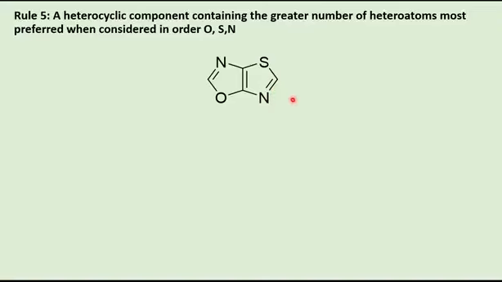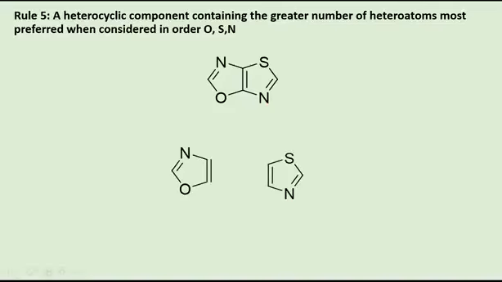In the previous rule, heterogeneity was taken into consideration to identify the major ring. Now here both are of the same heterogeneity. How to decide? Here the atom which is to be preferred is oxygen or sulfur over nitrogen.